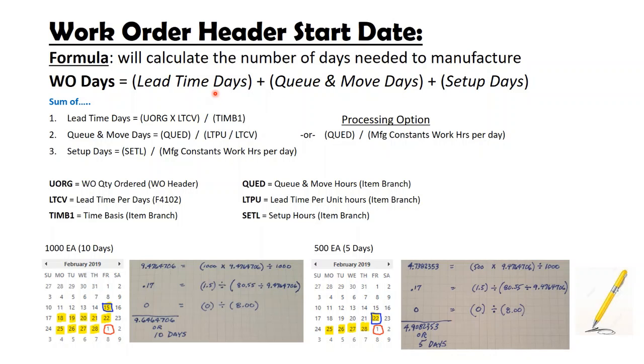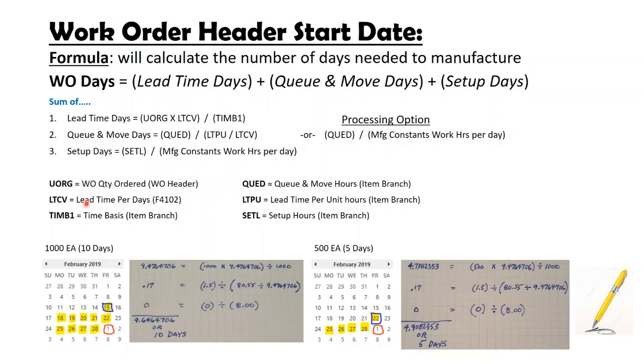That's the number of days I need to back schedule to create a start date. So here are the components of the formula, where UORG is the work order quantity that needs to be manufactured.